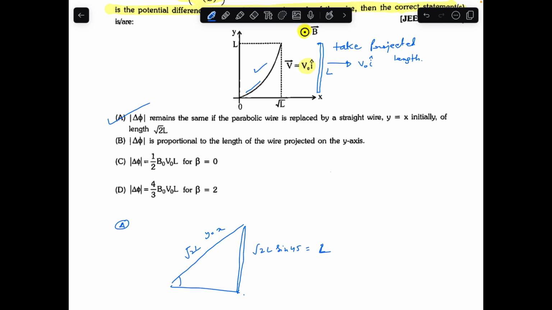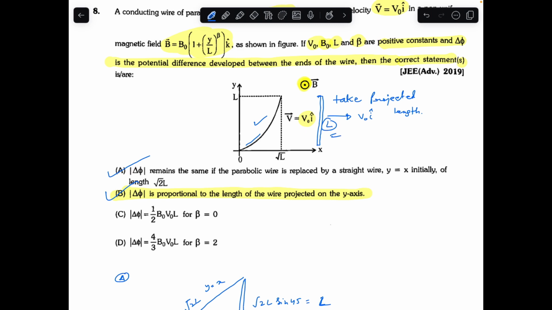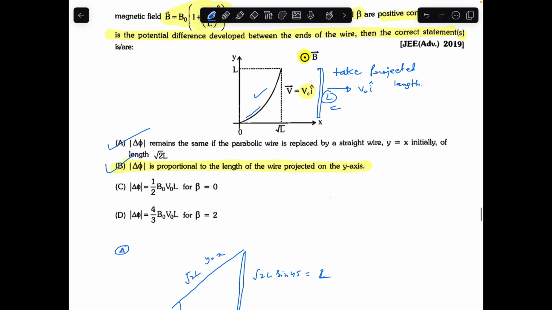Second, B. Delta phi is proportional to the length of the wire projected on y-axis. B is also correct, because projected length along y-axis is L, correct?